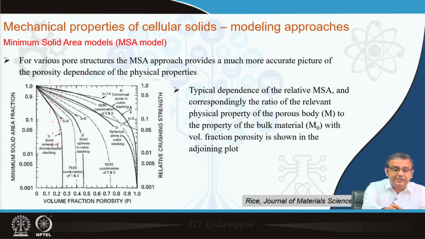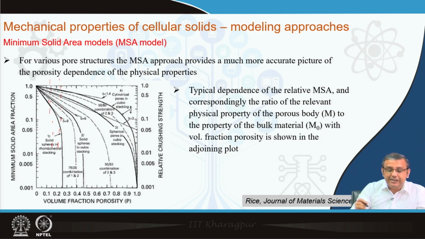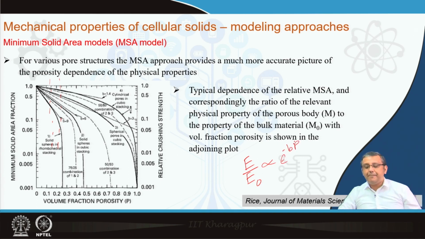The initial region, up to around 0.3 to 0.4 porosity, typically has a dependence of e to the power minus Bp. If E is your property and E0 is the bulk material property, then E is proportional to E0 times e to the power minus Bp, where P is the amount of porosity.